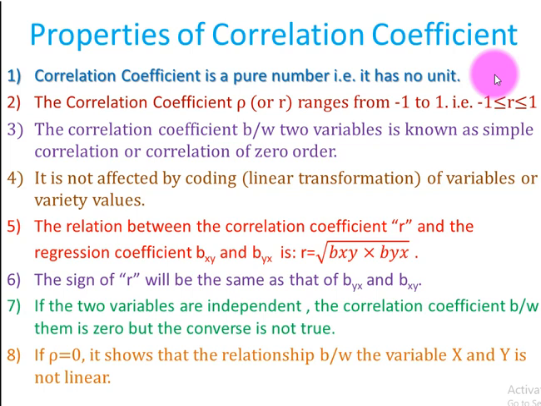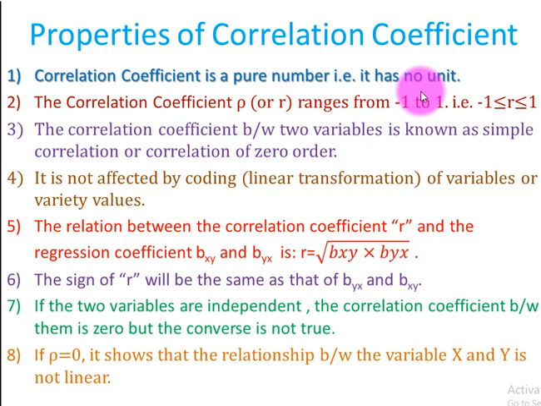We will discuss one property step by step of the coefficient of correlation. So the first property of the coefficient of correlation is that it is a pure number, that is, it has no unit. What is meant by this pure number?